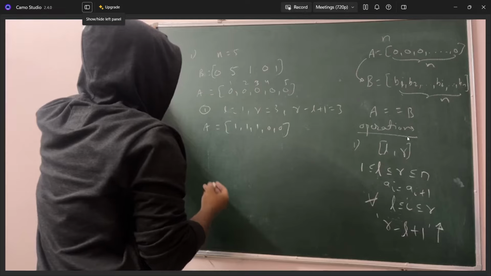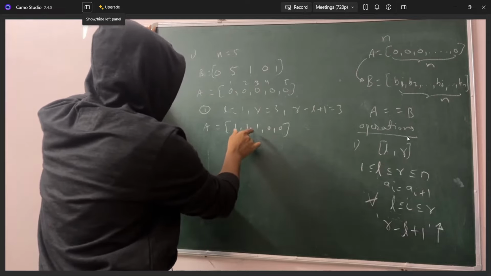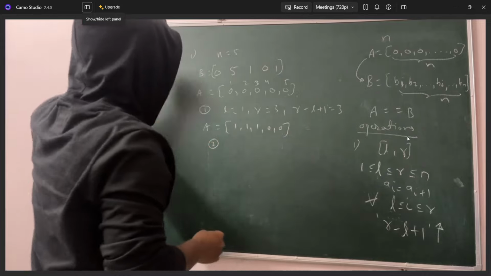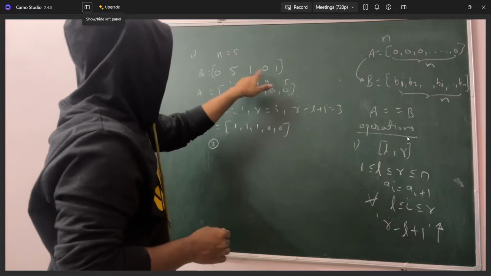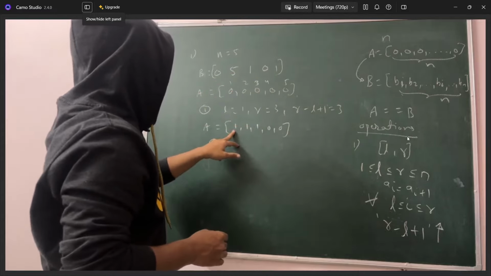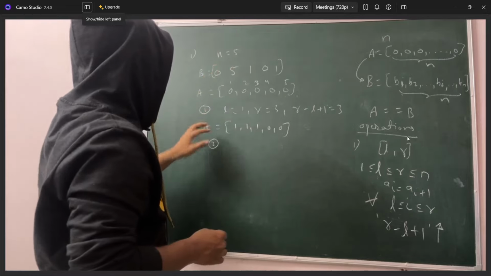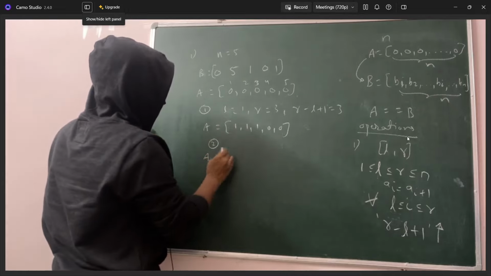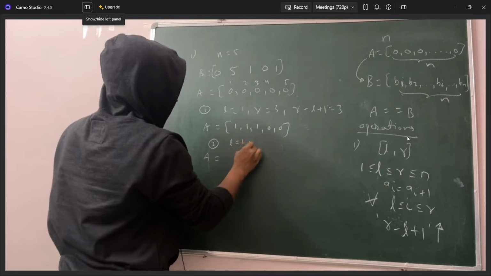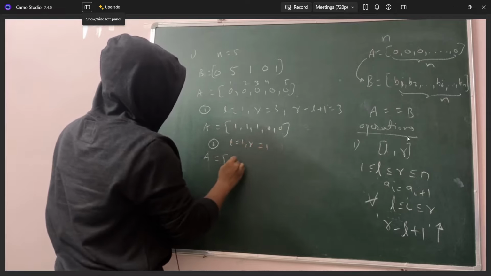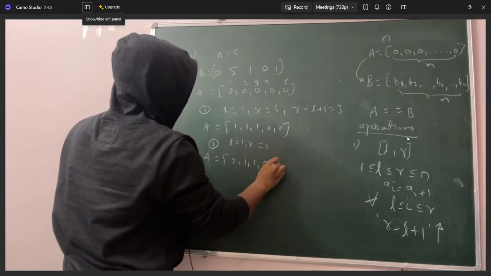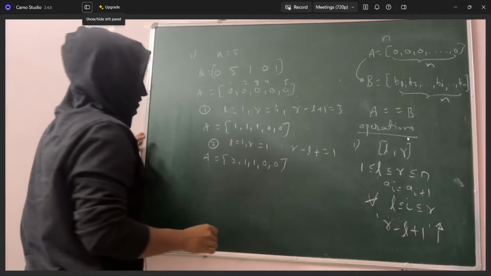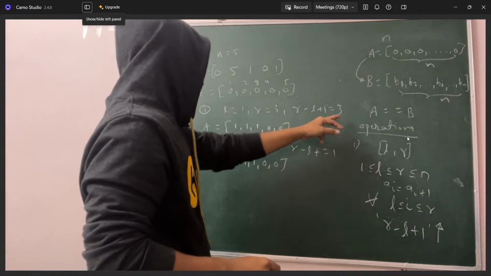Now in the second operation, since you need 2 ones, you have them. There are 5 operations, you have done 1, still 4 remaining. In all 4 operations, you take L and R as 1 only. Here R minus L plus 1 is going to be 1 only, but you have got the maximum as 3. This is your answer.